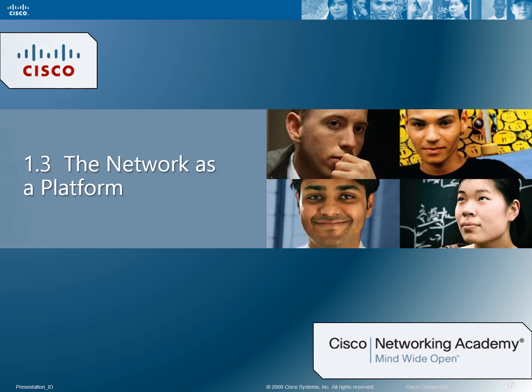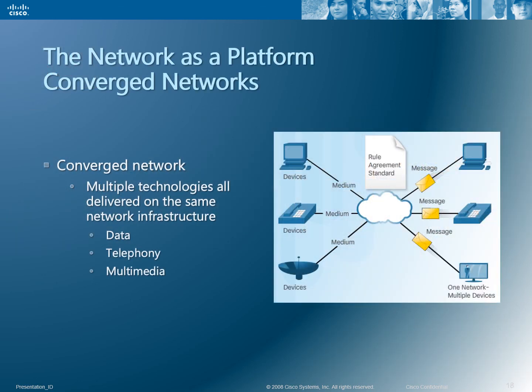The network as a platform. So when we talk about a network that serves multiple technologies simultaneously on the same infrastructure, that's what's called a converged network. So this is where we're able to transmit data, just text, being able to send block messages or things like that.